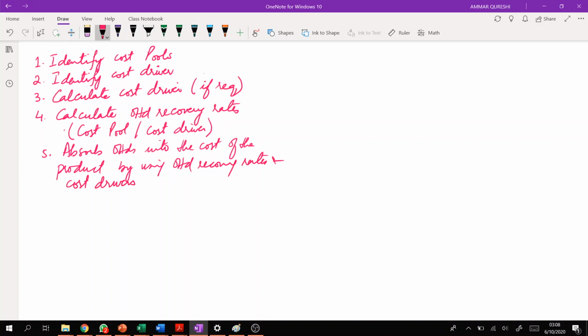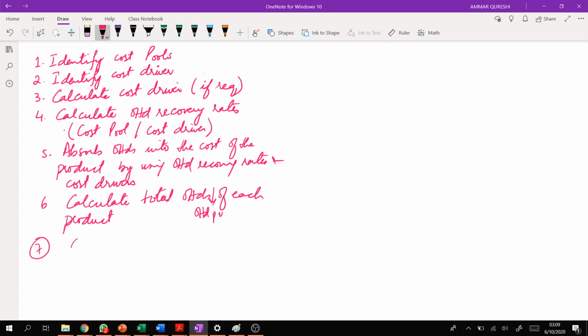What's next? Then you have to calculate total overheads of each product, and then you have to calculate total overhead and overhead per unit. Usually overhead per unit is also required.